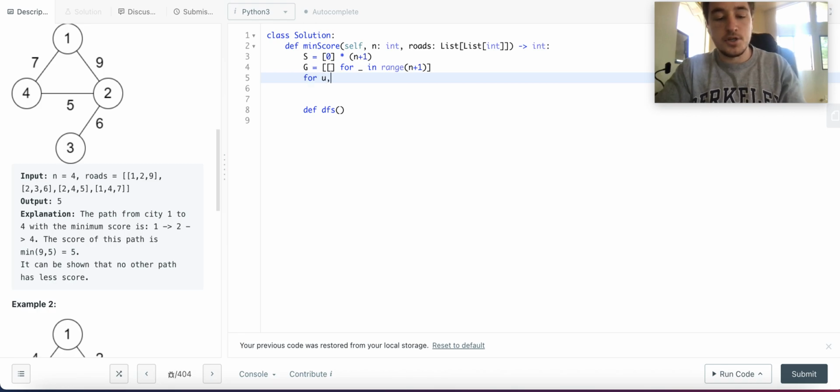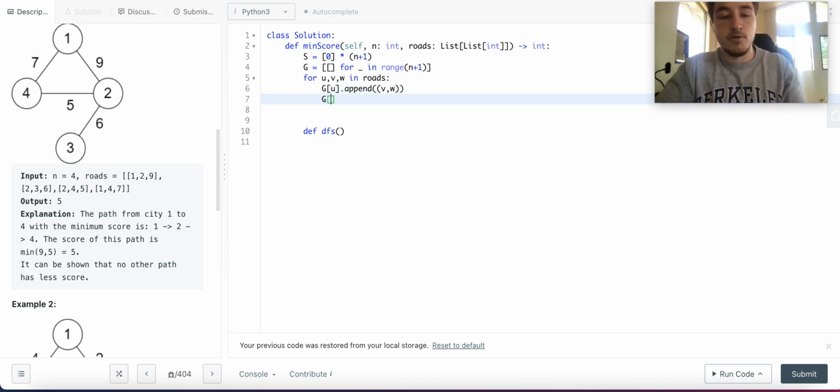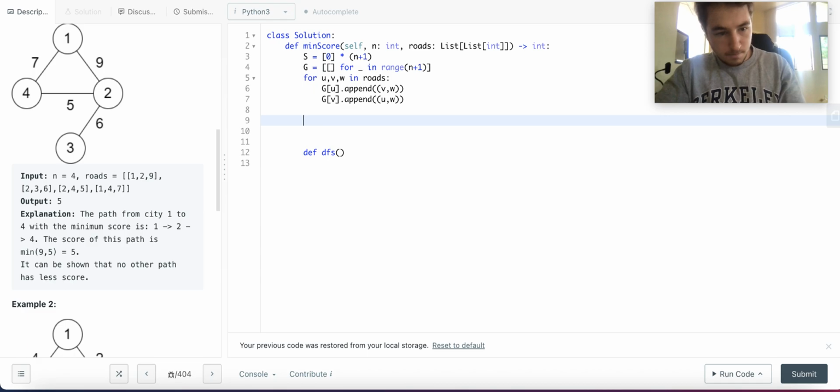And then we'll look at each U, V pair. So city U and city V are connected with the road R with weight W. We'll look at each road and say, G of city U has a path to city V with weight W. And since it's a bidirectional graph, G of V also has a path to U with weight W as well.